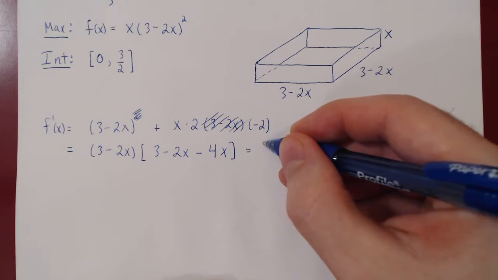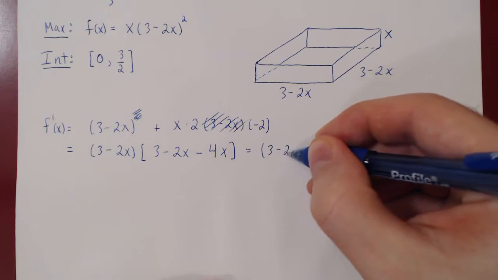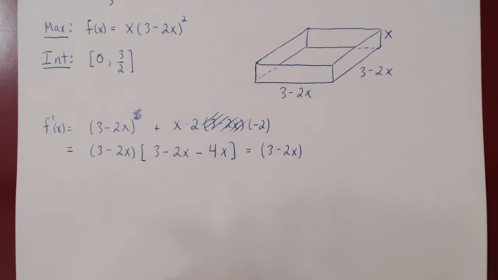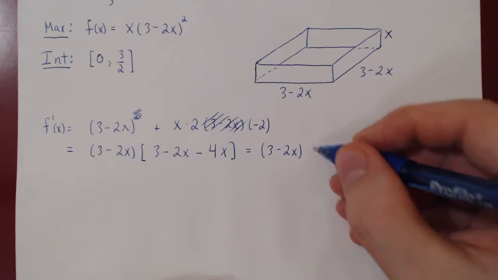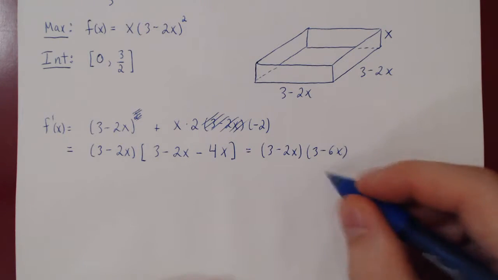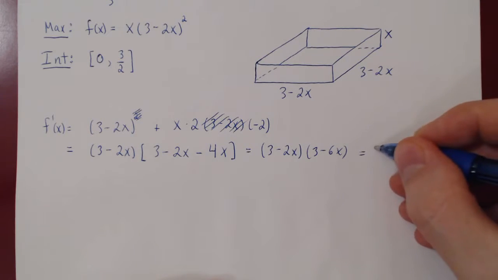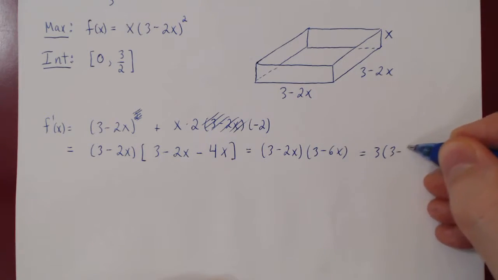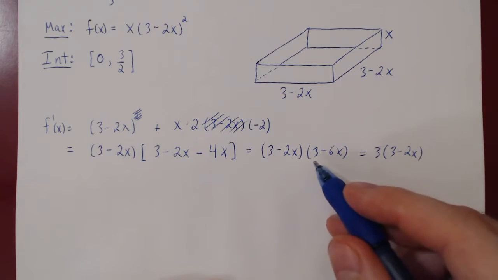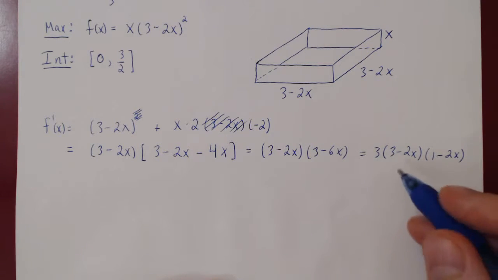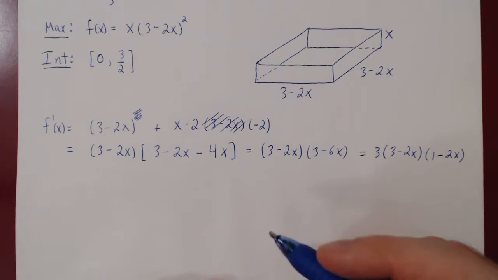So we have (3 minus 2x) times (3 minus 6x). We can factor 3 here, and if you put it up front, we have 3 times (3 minus 2x) times (1 minus 2x). And now you have your derivative fully factored.